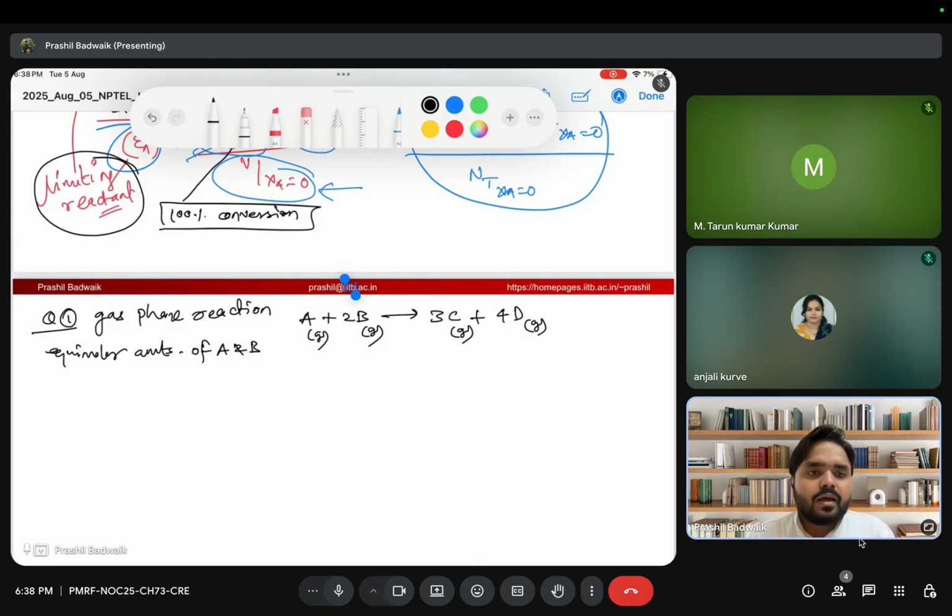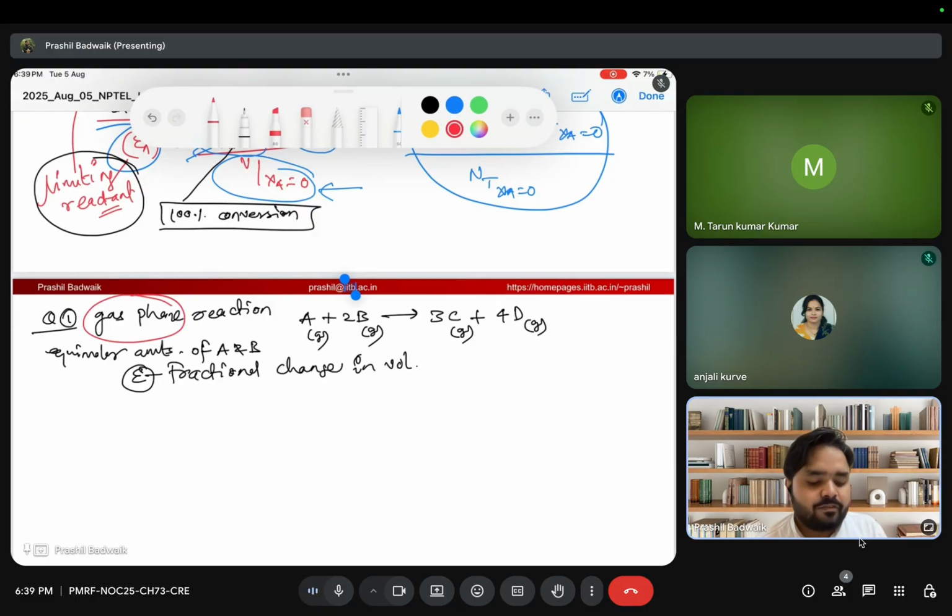Okay. So for this reaction, I want to calculate what is the epsilon, that is the fractional change in volume. First of all, you need to see it is a gas phase reaction, and I said gas phase reactions generally involve change of volume.